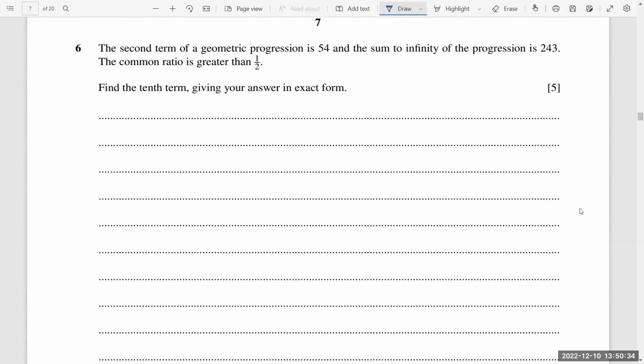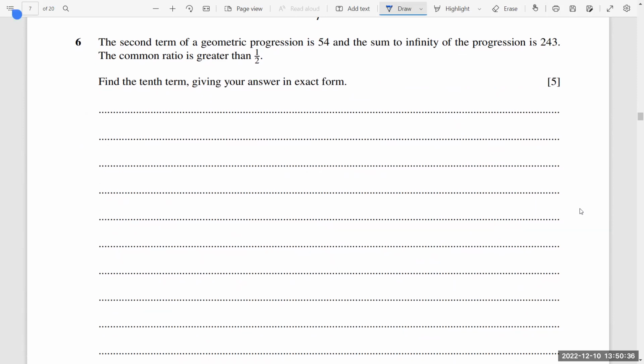Question number 6. The second term of a geometric progression is 54, and the sum to infinity of the progression is 243. The common ratio is greater than half. A geometric progression is in the form of first term A, second term AR, and after that AR squared, AR cubed, and so on, until the nth term AR to the n minus 1.